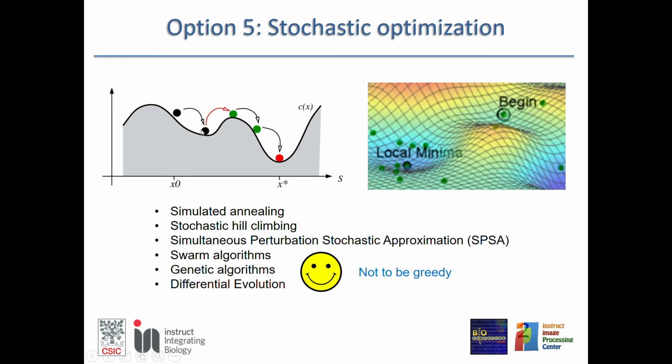But stochastic optimizations allow for errors. So once you are here, you are allowed to go up against the goal function. So now the goal function is worse than the best one that you have already found. But by allowing these errors, you are allowed to explore other local minima.